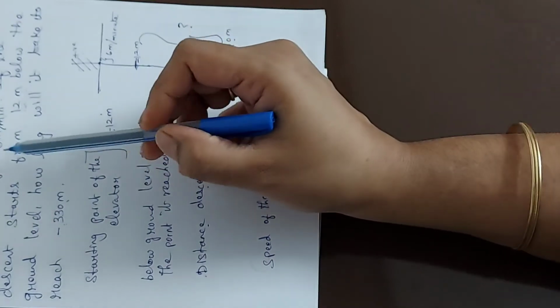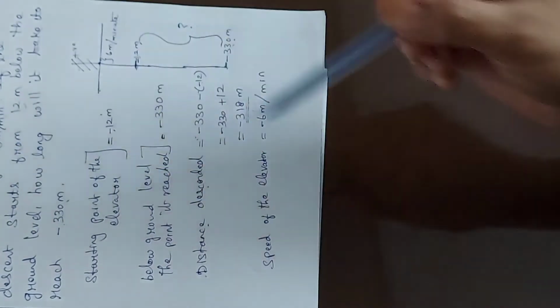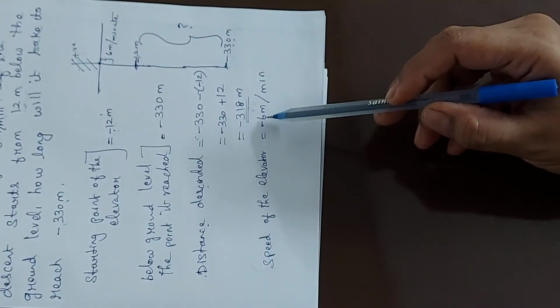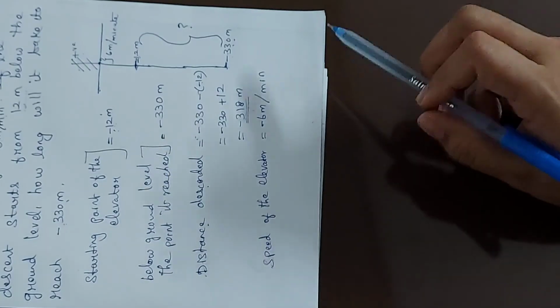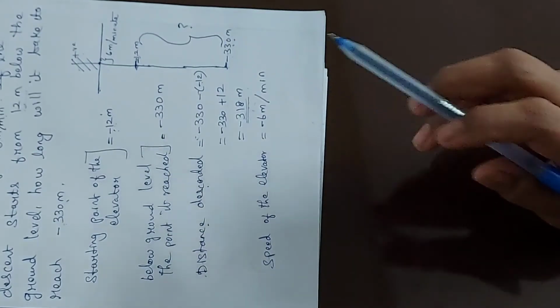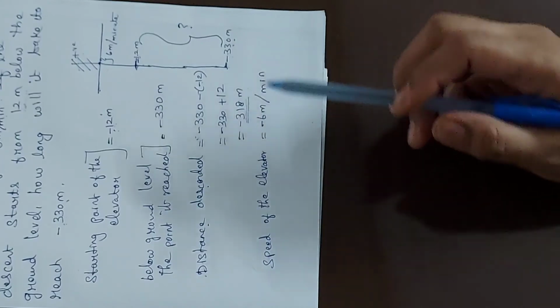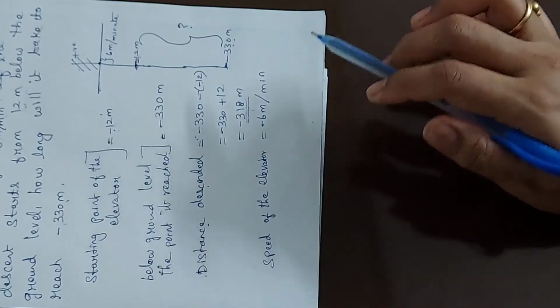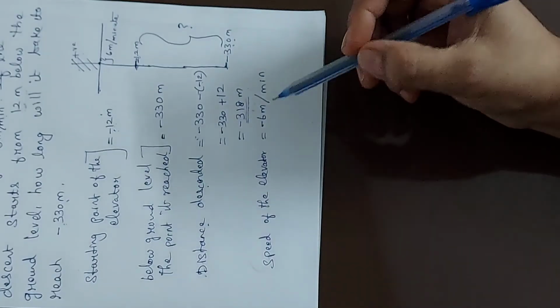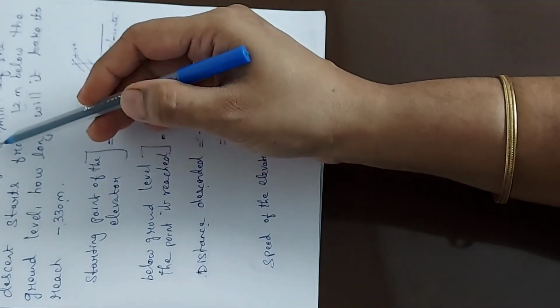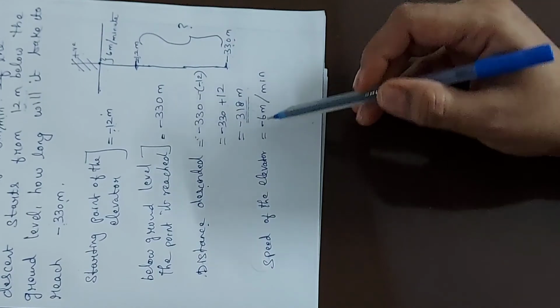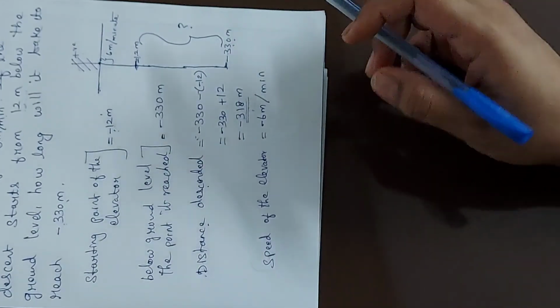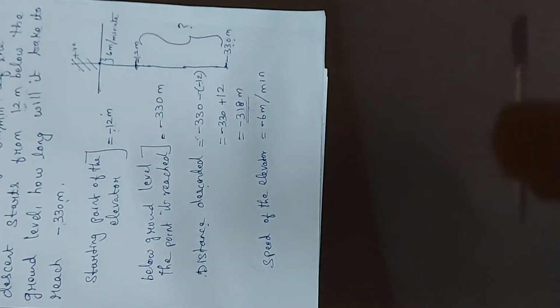They would have mentioned it in positive sign, and you have to mention it in negative sign in the solution. Do you understand, children? Again I am saying, so many children make this same mistake, so that is why I am repeating. Don't take it in positive sign if the elevator is going down.